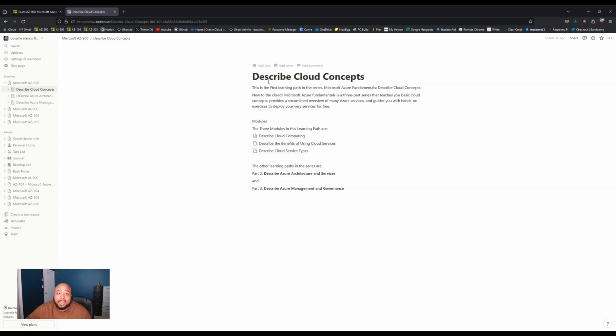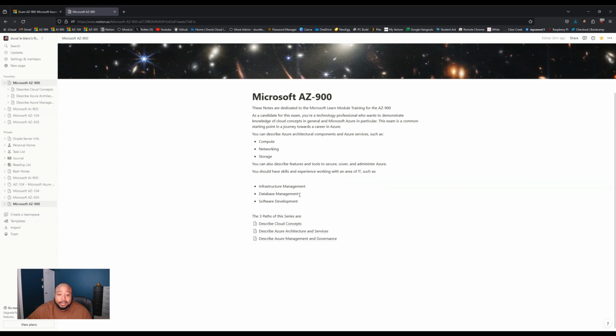These are the 3 modules in cloud concepts. The 3 topics that the AZ-900 covers are shown here: describe cloud concepts, describe Azure architecture and services, and describe Azure management and governance. So these are the 3 parts of the AZ-900 series that you have to know. Each of them are specific topics that you're going to have to know as well.